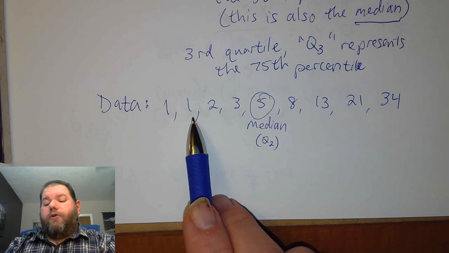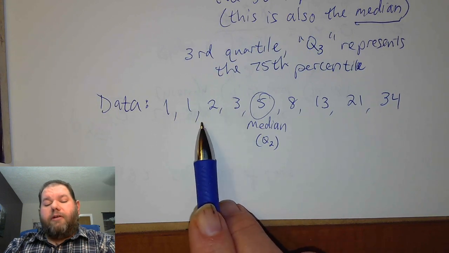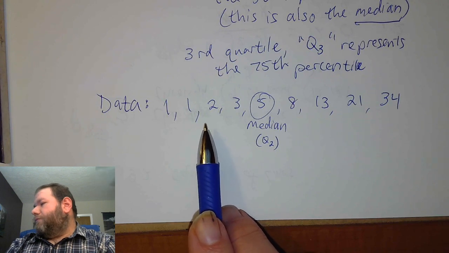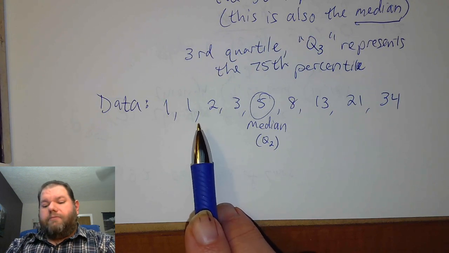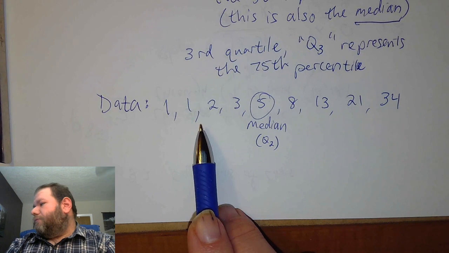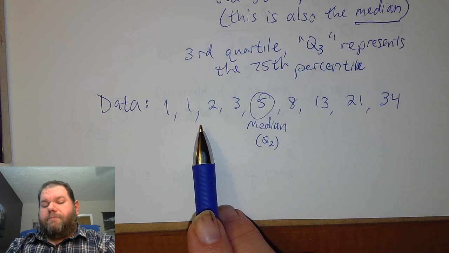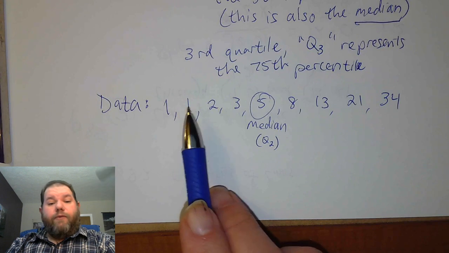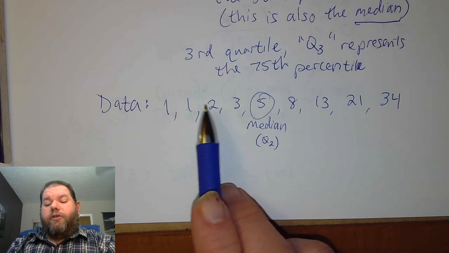So for these 4 numbers, what would be the median? Because we only have 4 numbers, we know the median will fall between the middle 2.